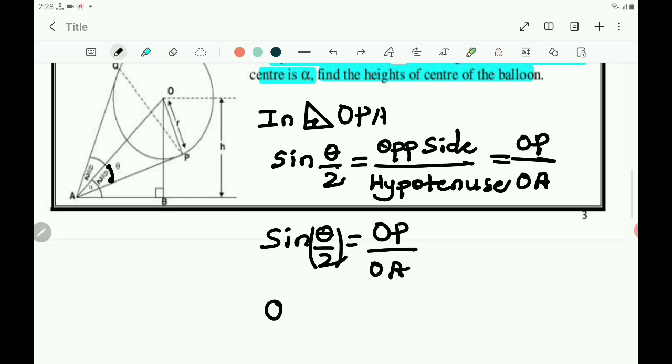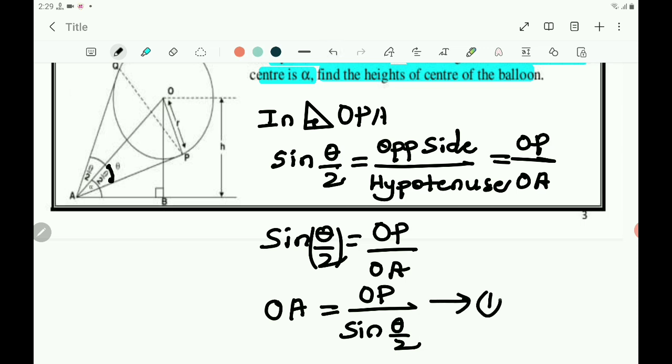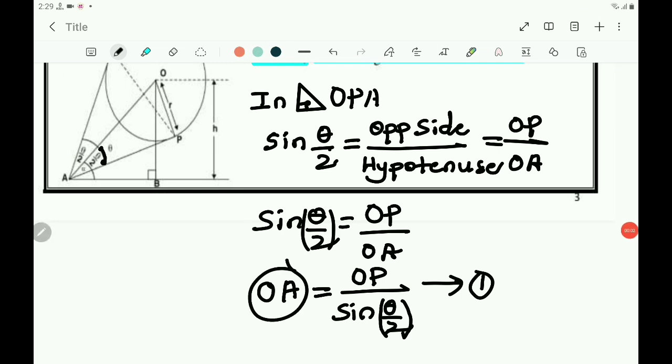Then OA is equal to OP by sin theta by 2. Consider this as first.